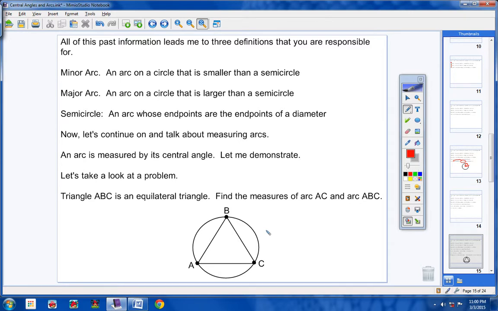Okay, here we go. Now think about it, students. I want to find the measure of arc AC. Okay, now would you please look at the angle here? Think about this for a second, okay? Now, we know that none of our angles here are central angles, okay? We can see that because none of our angles have a vertex right here.